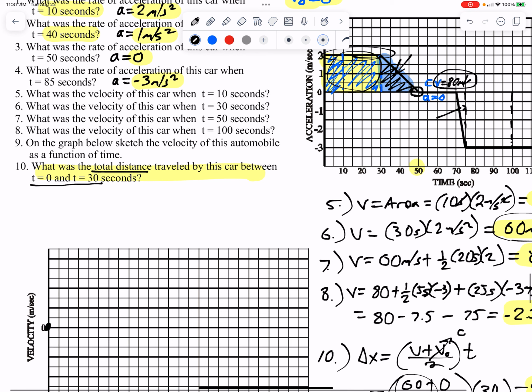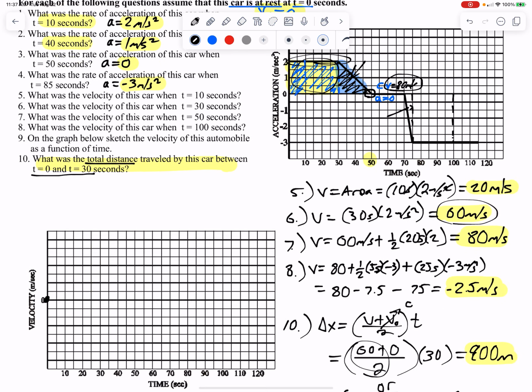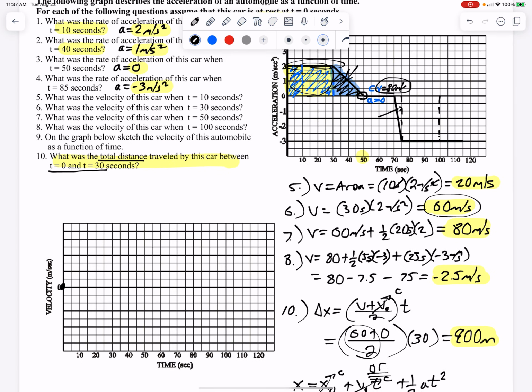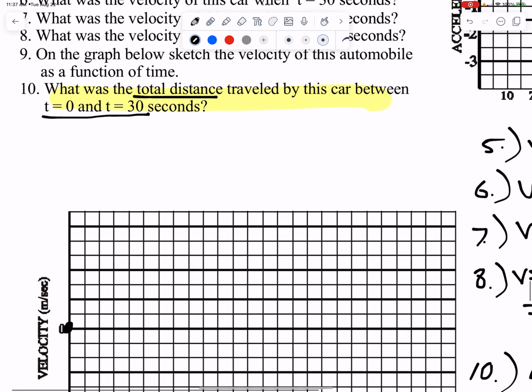Okay, so now, till about 30 seconds, you're at 60. All right, so let me see how we can plot this.